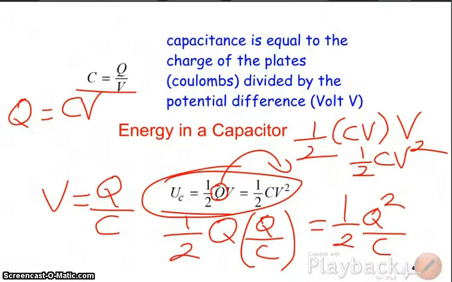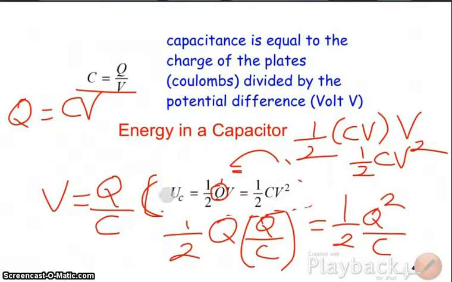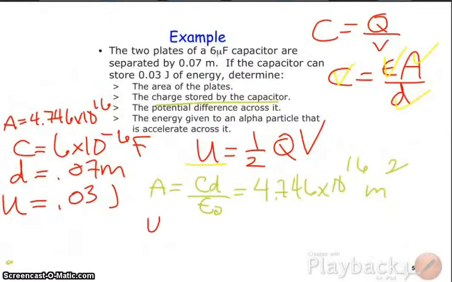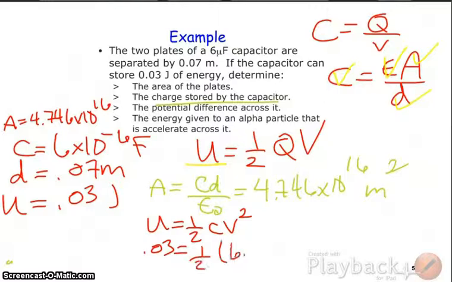Oh, look. Here's a V equation that does not have Q. So we can find V. U equals 1/2 CV squared, where 0.03 equals 1/2 times 6 times 10 to the negative 6 times V squared, and V equals 100 volts.